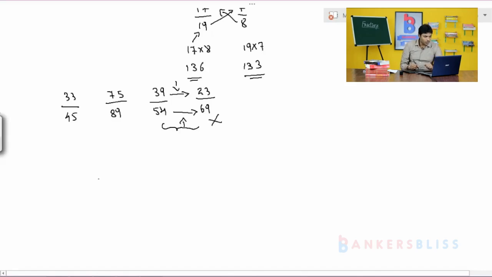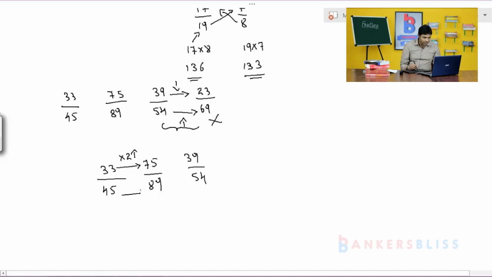Now we have to identify between these three: 33 by 45, next 75 by 89, next 39 by 54. See here, 33 into 2 is 66, but we have 75, which means the numerator is increased by more than twice.